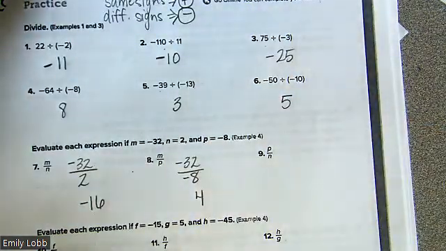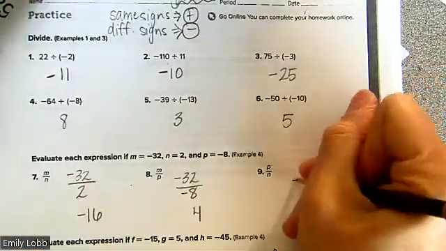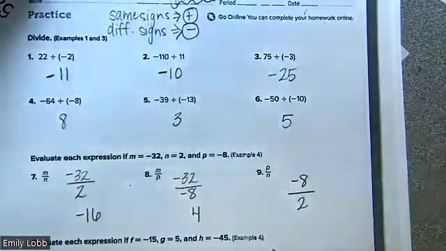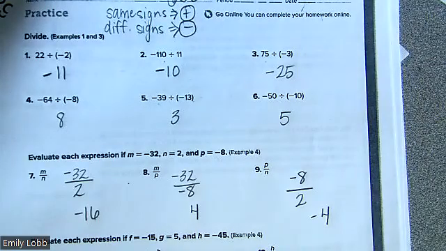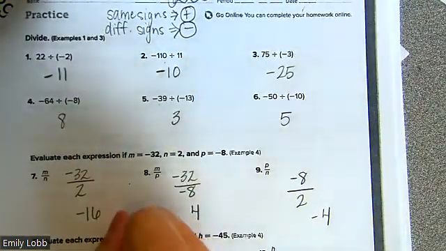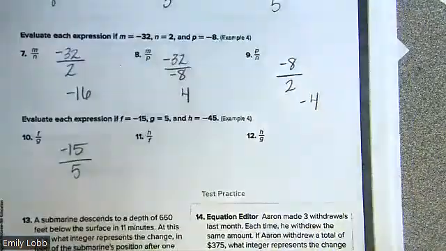We just have to know division and our two little rules. P is negative 8. N is 2. What's negative 8 divided by 2? Negative 4. Well done. F is negative 15 divided by G, which is 5. What's negative 15 divided by 5? Yep.